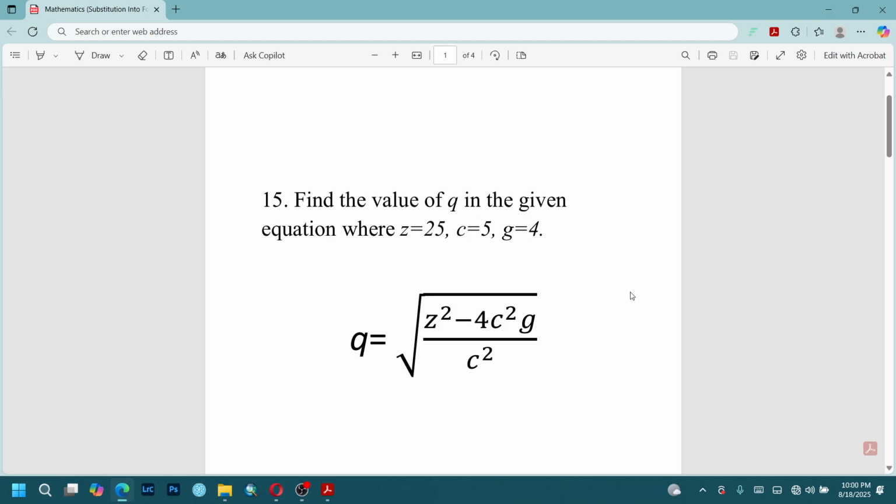So our given equation is Q equals the square root of the fraction Z square minus 4C square J over C square, right?